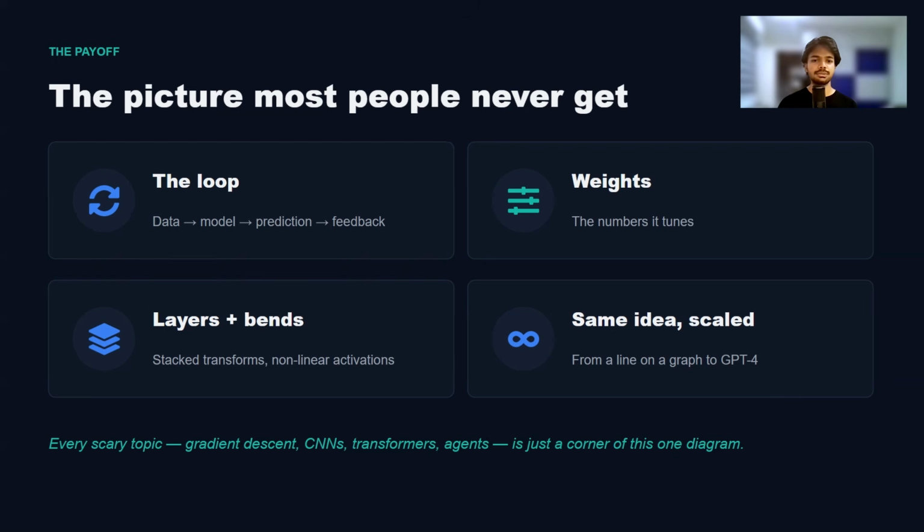Weights are the numbers it tunes, layers stack on top of each other, activations create certain bends, and every model, from a line on a graph to GPT-4, is that same idea, just at a different scale. You can carry that picture with you. Every topic about AI that scares people, gradient descent, CNNs, transformers, agents, is just a different corner of this entire tapestry.